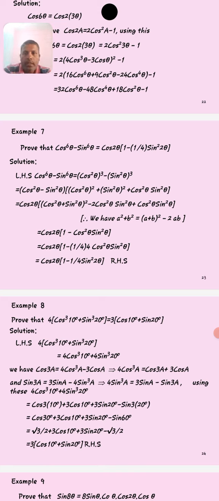The next step we write cos 2 theta into (1 - 1/4 into 4). We have to multiply both numerator and denominator with 4. We get 1 by 4 into 4 cos square theta sin square theta. Now the next step is cos 2 theta into (1 - 1/4 sin square 2 theta). That is the RHS of the given problem.